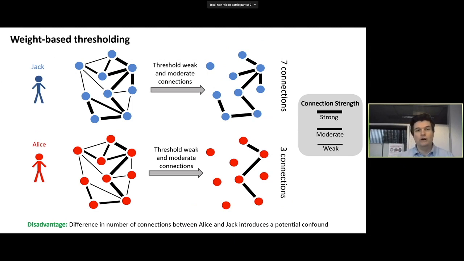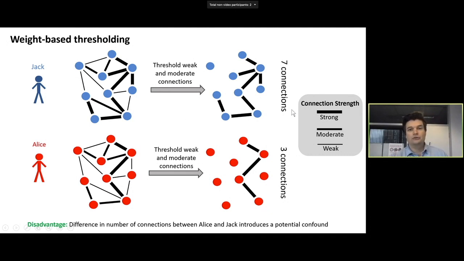And this difference comes about when we look at groups of subjects. In this example, I've shown 2 connectomes, 2 networks, Jack and Alice, and we see that Jack's connectome comprises a greater number of strong connections. These are the thicker edges that I've shown in the network.